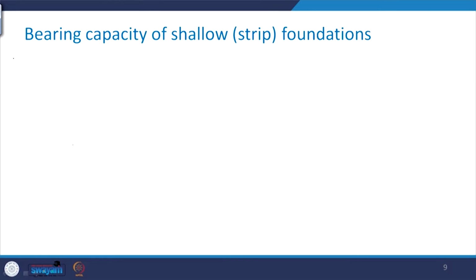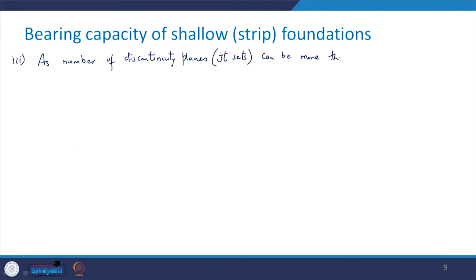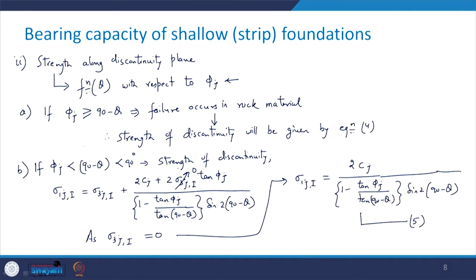So I have a third case here, that the number of discontinuity planes, or maybe you can say the joint sets, can be more than one, and each may have their own Cj and phi j. So each having its own Cj and phi j.